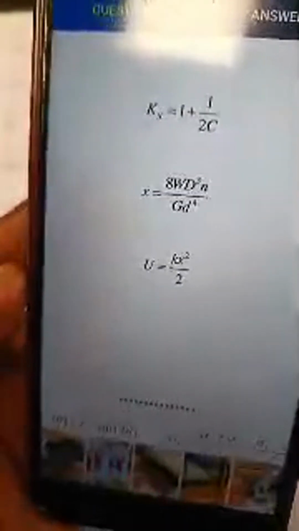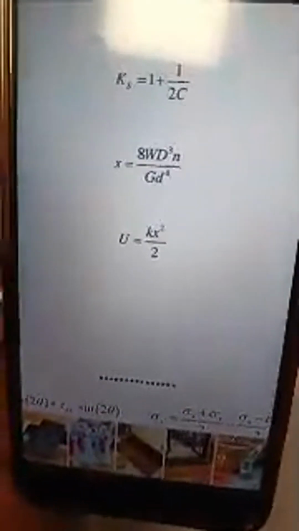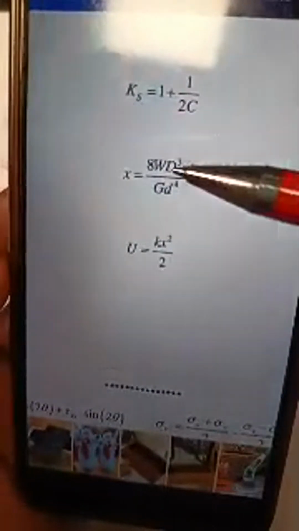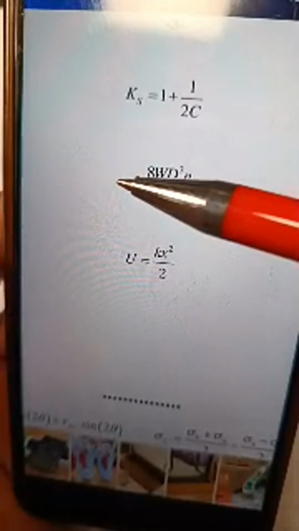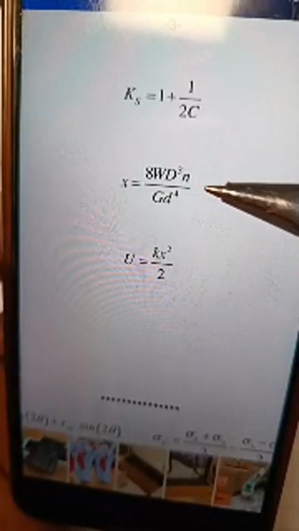Since we are looking for N, we can check this one right here for X, because we do have W, we have D, we have G, we have small d, we have capital D, we have X, so we just need N, so we can use that one.